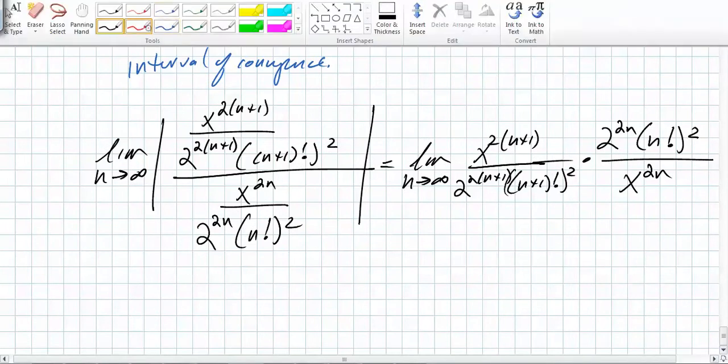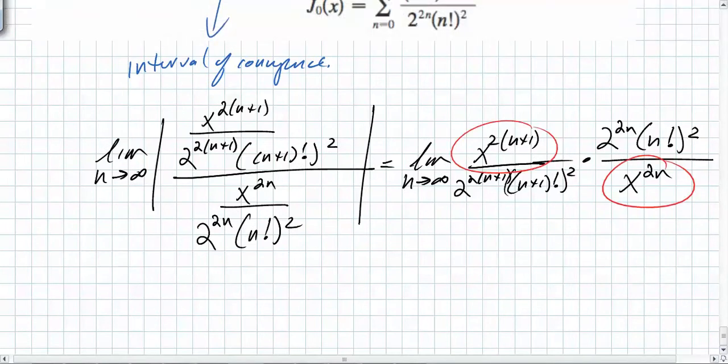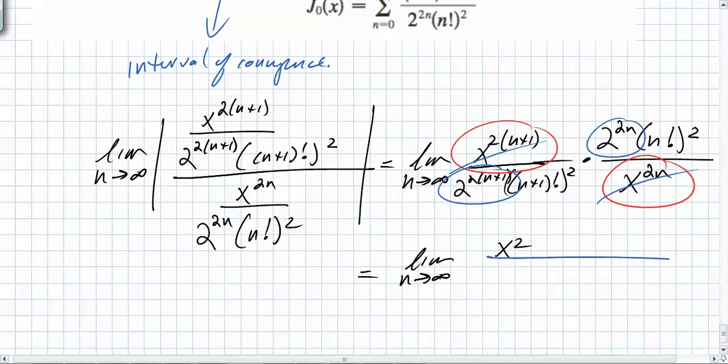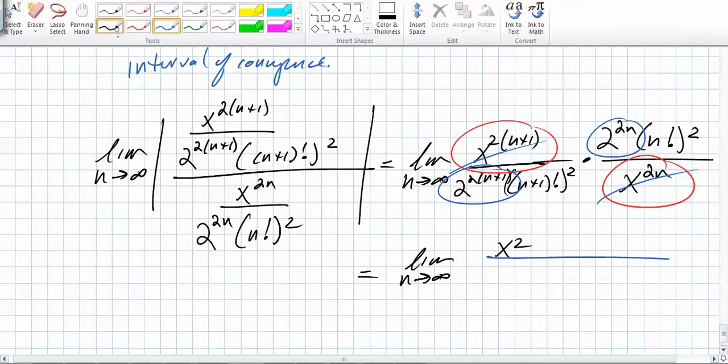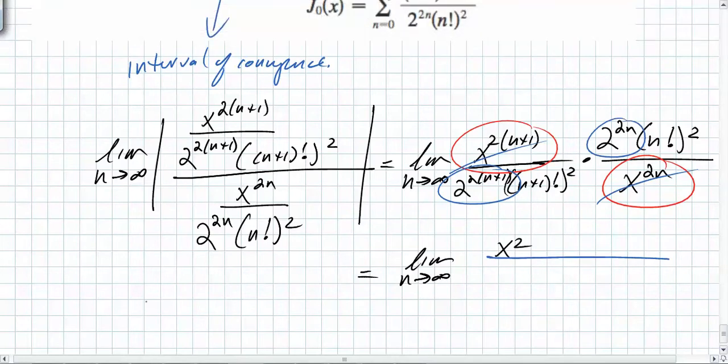Let's work on this and this. 2n plus 2, and it's 2n, so you get x what? X squared. So we just got rid of that and that. And then same thing happens there, right? What are you left with? 2n and 2n plus 2, so it's going to be 2 squared. So we got rid of that and that.